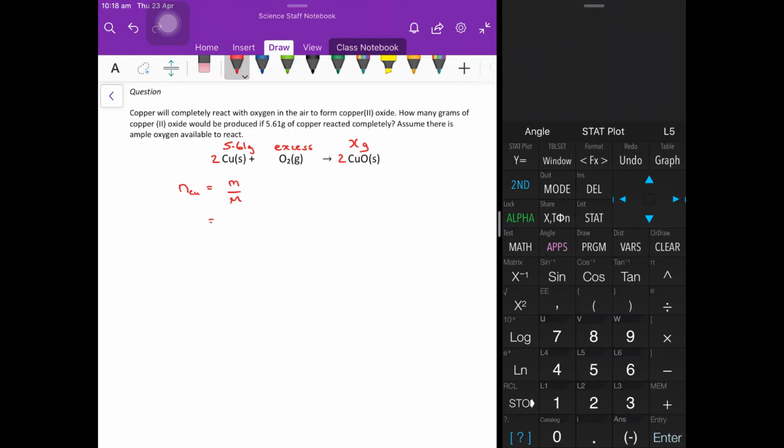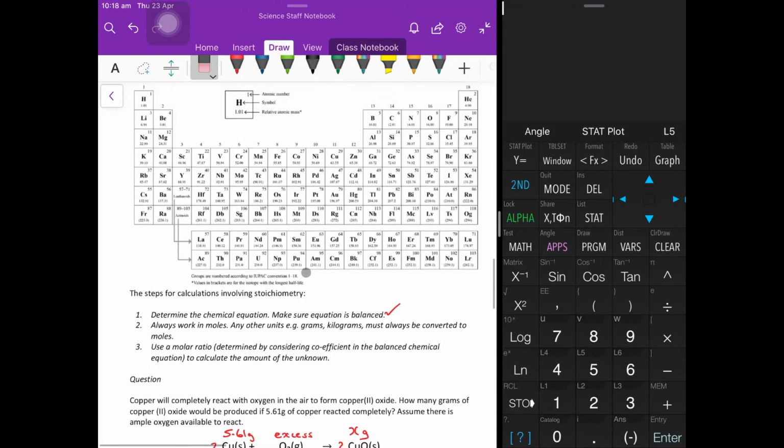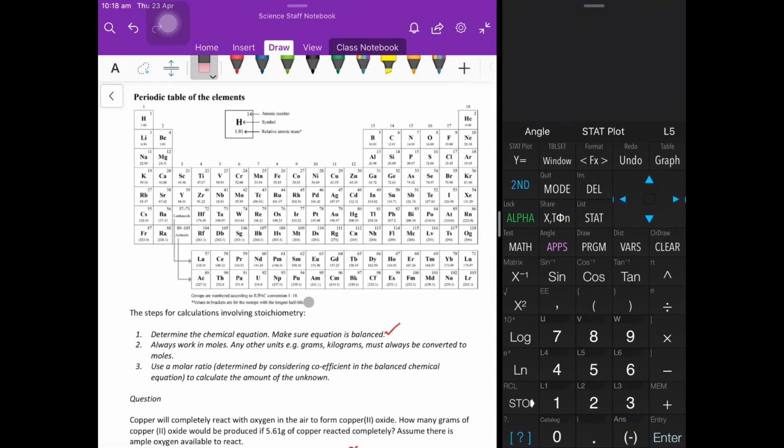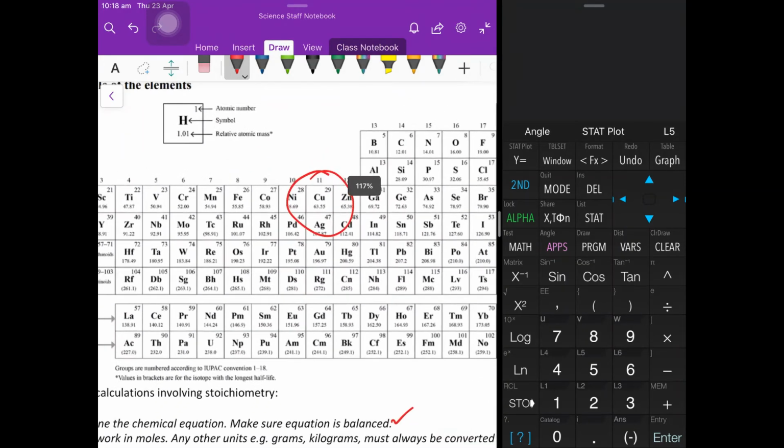Number of moles therefore is equal to 5.61 grams divided by the molar mass of copper. So there's copper right there. The molar mass of copper is 63.55.